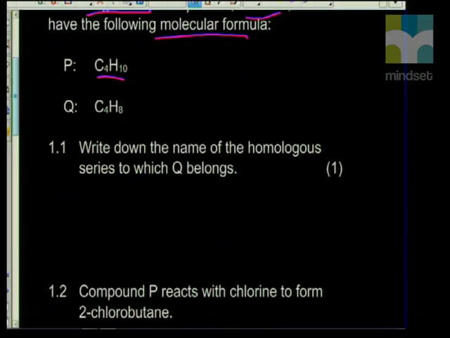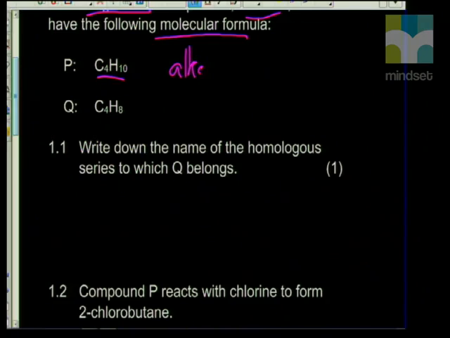So P, C4H10, what homologous series does that belong to? Well, 4 times 2 gives me 8, plus 2 is 10. So I know that this is an alkane. Even before I've read any more of the questions, I'm making a mental note in my head of what's going on.